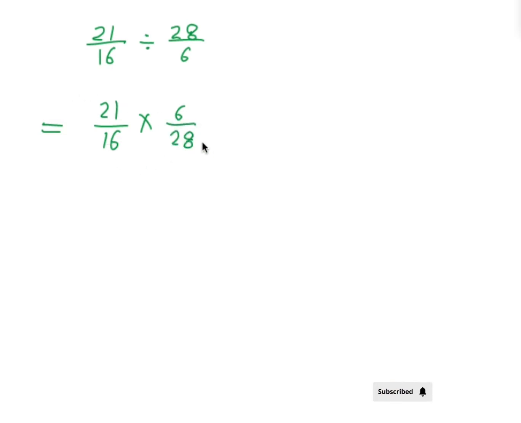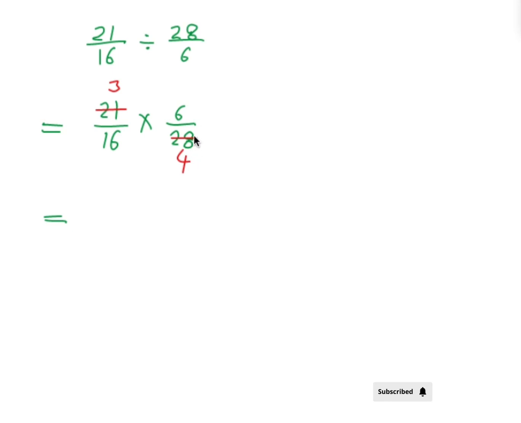Make sure to check for any common factor. If you have one, you can reduce first and then multiply. Don't multiply first and then reduce, because it will be more difficult. Try to reduce first. So 21 and 28 both have a common 7. 7 times 3 is 21, 7 times 4 is 28. Then 6 and 16 also have a common 2.